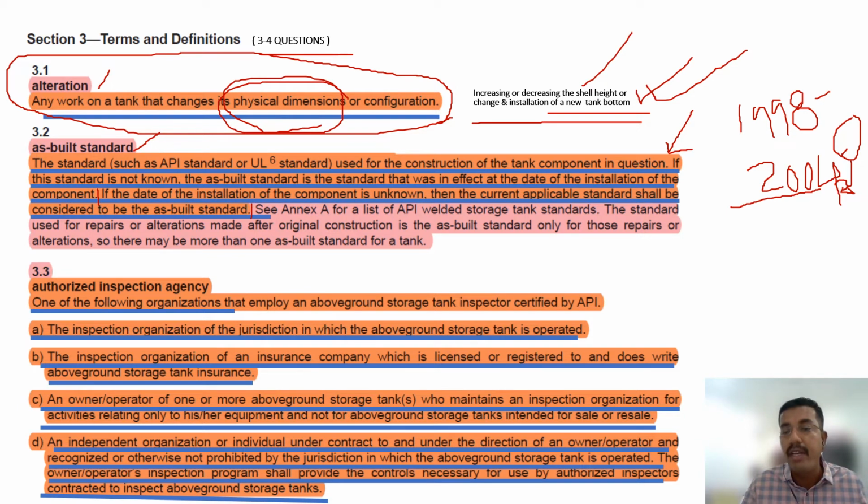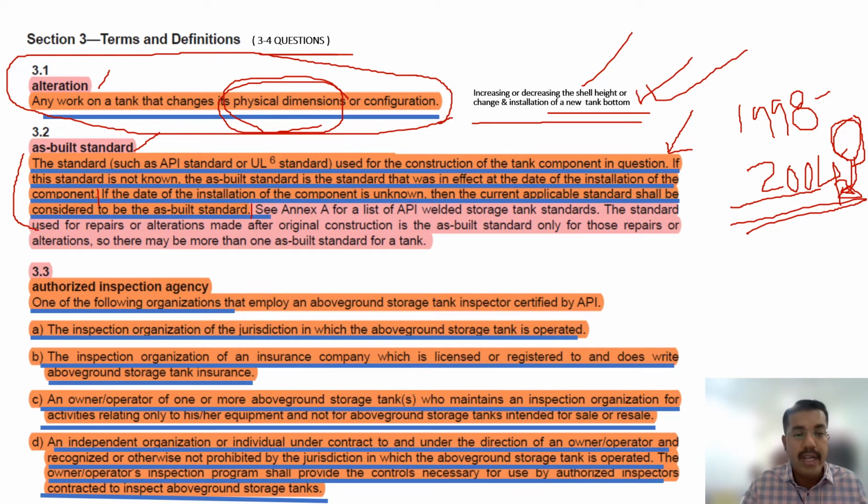Say the current applicable standard is 2004. If you find this API standard was governing at that time, then you will consider API 2004 as the as-built standard. Okay, there is another standard that will come in the next slide, just wait. So this is called as-built standard. Usually it comes in the exam.